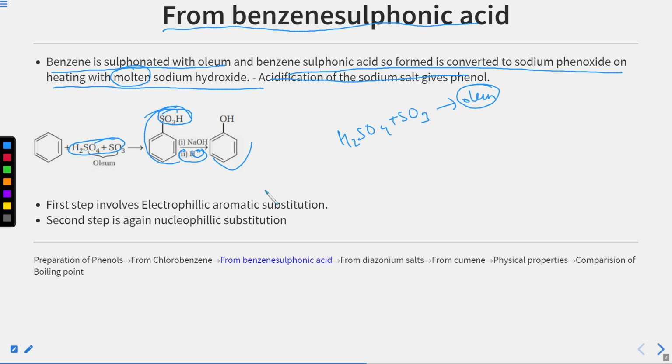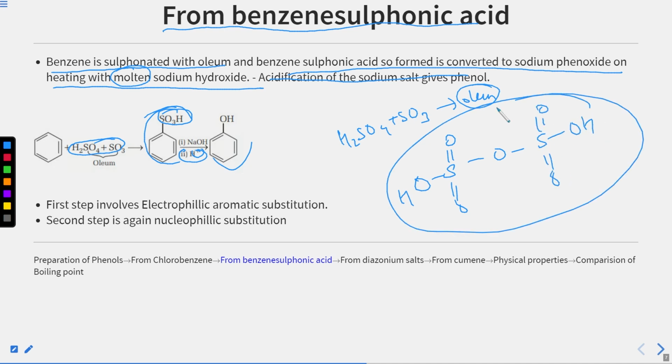Now we will move to diazotization. Before that, let us see the structure of oleum. So oleum looks like this. Now you can see that these two bonds are very weak.